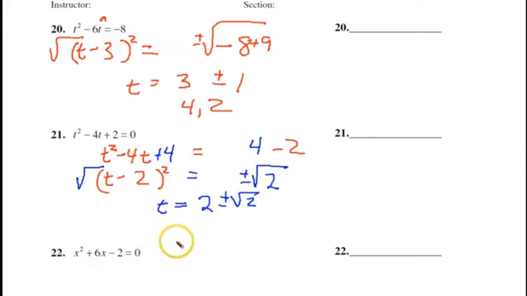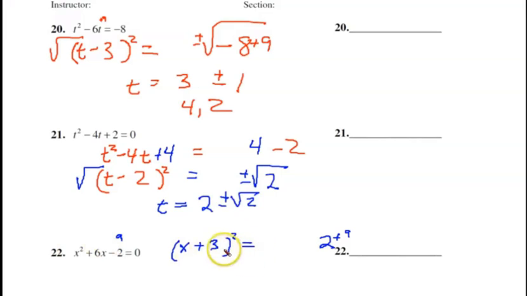Doing this one, I'm going to use the parenthesis, transpose that 2 over as a positive 2. Half of that is going to be 3. Now remember, I'm going to add a 9 on this side and a 9 on that side to make that a perfect square trinomial that I factor into that.